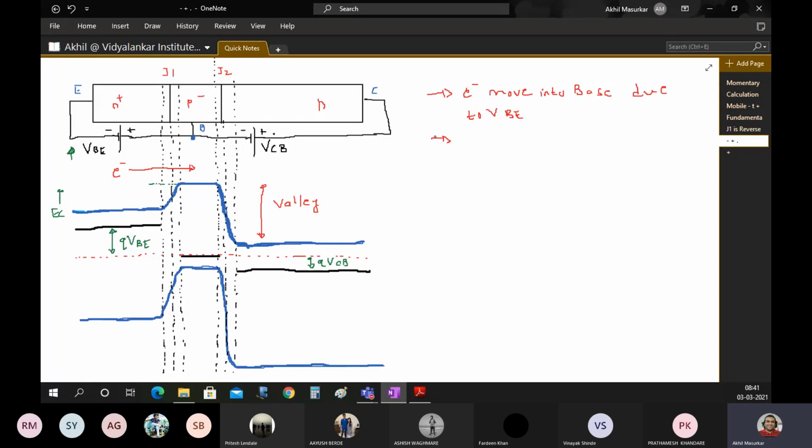So now because the base is designed in such a way that it is lightly doped and there is no space in the base, you can see that electrons see a big valley on the other side.